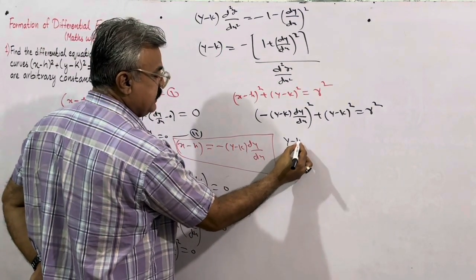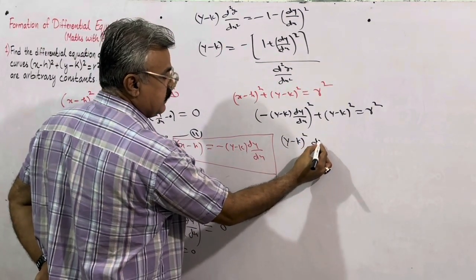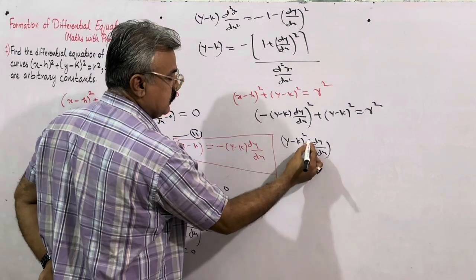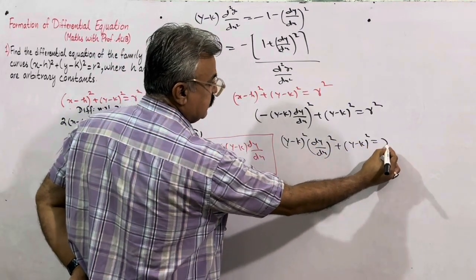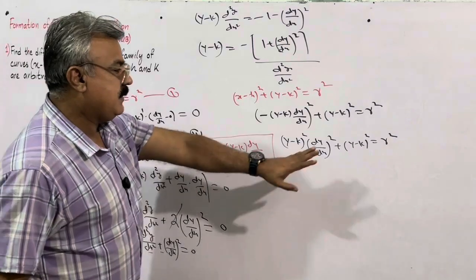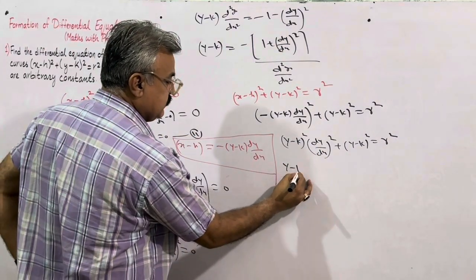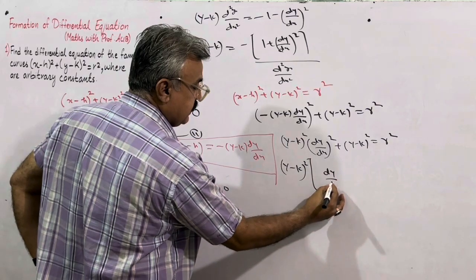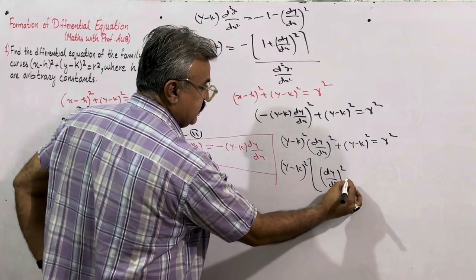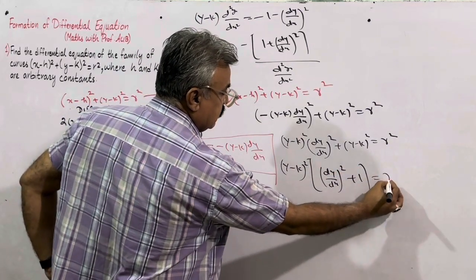So I have y minus k whole square dy over dx whole squared plus y minus k whole squared is equal to r squared. Taking y minus k whole squared common, we have single derivative squared plus 1 is equal to r squared.